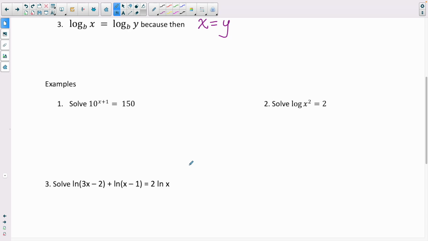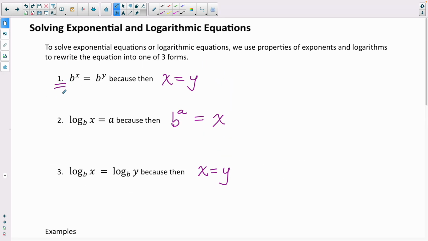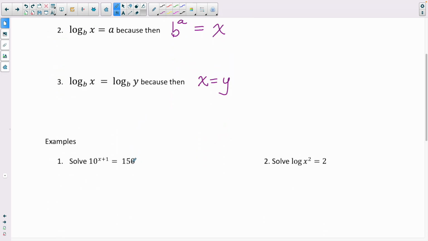So example 1 here, solve 10 to the x plus 1 equals 150. So to use 1 up here, we would need to find a common base. 150 is not a common power of 10, right? 10 to no whole number will give you 150. So what we're going to do is rewrite this using logarithms.